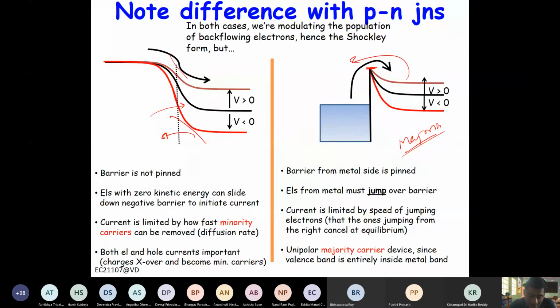So the current limiting factor in case of PN junction will be basically the diffusion rate, or how fast these carriers are removed. In case of metal semiconductor, it again depends on how easily this carrier can jump the barrier. And of course, this is a unipolar device with the majority carrier. And here both the carriers take part in the current flow.